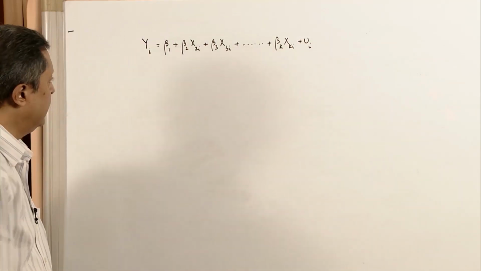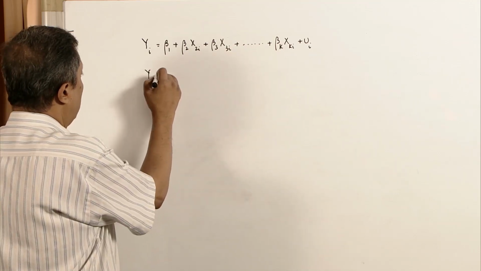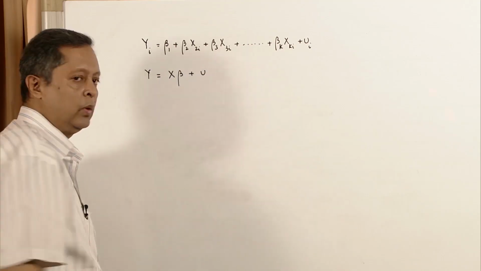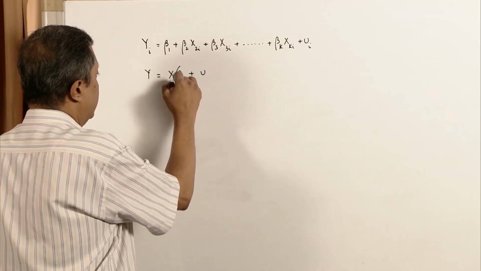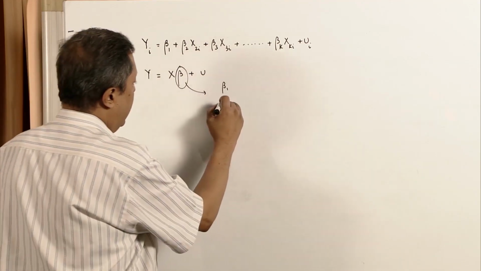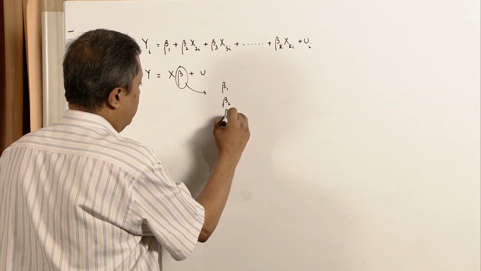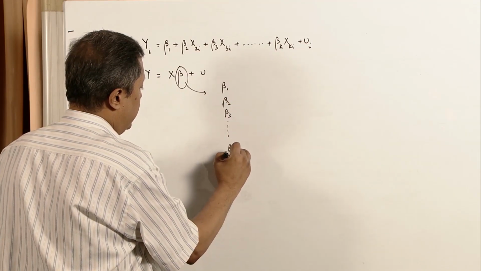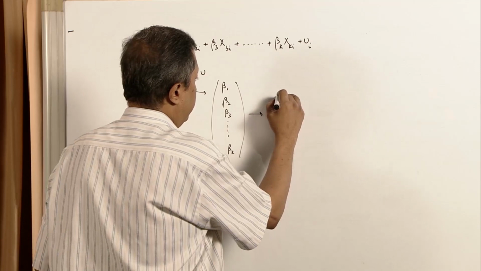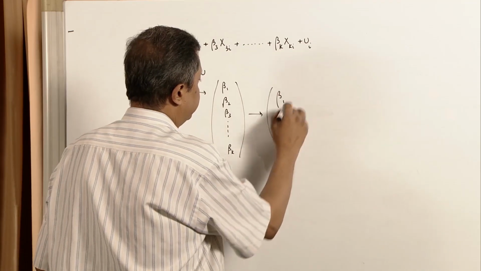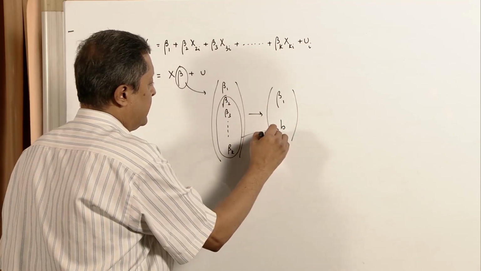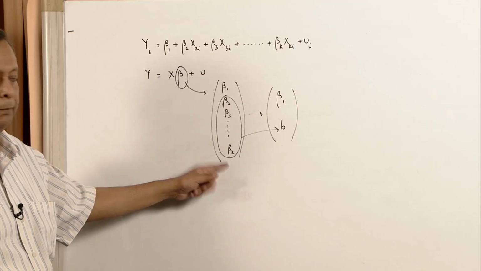And you will recall that this model is written in matrix form as y is equal to X beta plus u, and this vector beta is beta 1 the intercept, and then beta 2, beta 3 right up to beta k, and this was also written as beta 1 and small b. So, this b represents all the elements from beta 2 to beta k.